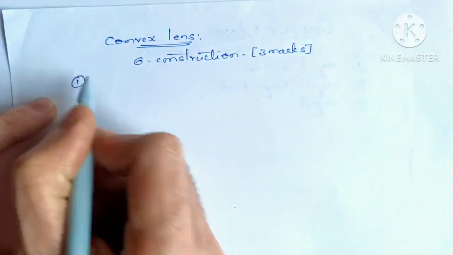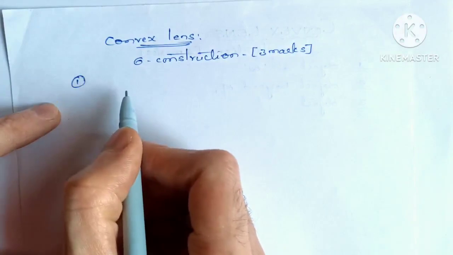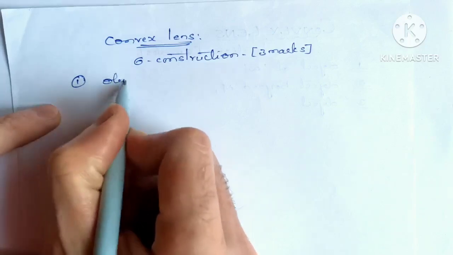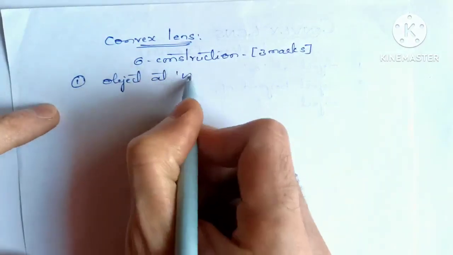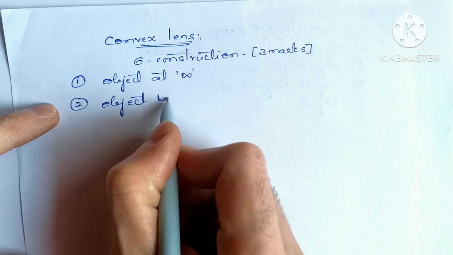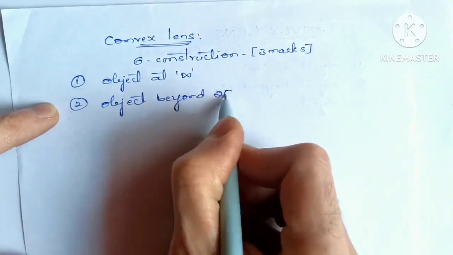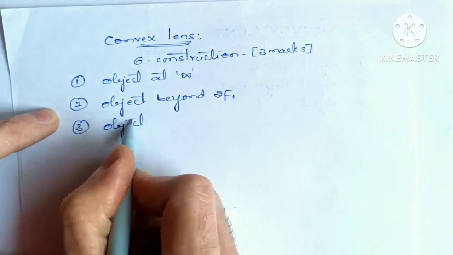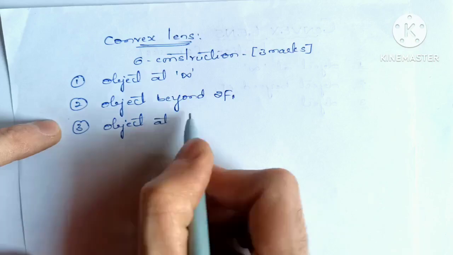Now, the possibilities. Where we have to keep the object, we have to understand well. I will show you in this video. The first construction is object at infinity. Number 2, object beyond 2f1. The third one is object at 2f1.